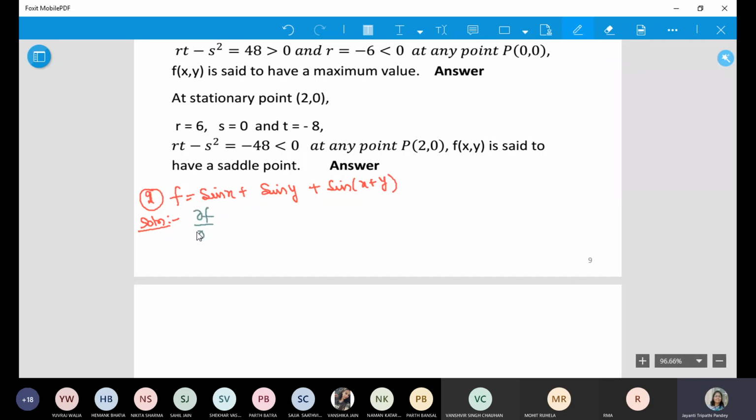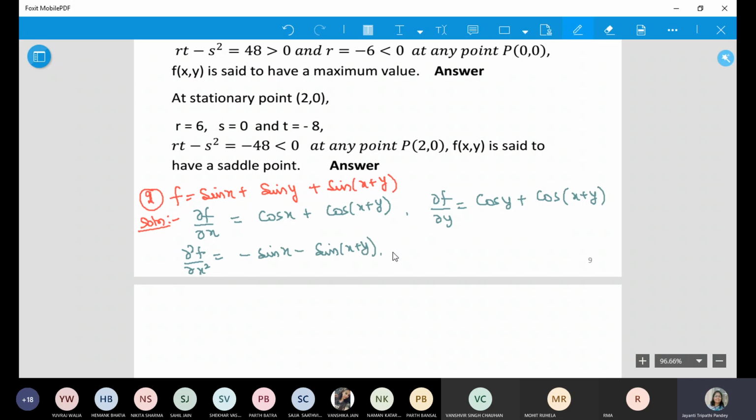Now del f by del x is cos x plus cos(x plus y). Del f by del y is cos y plus cos(x plus y). Okay. Now del 2f by del x square is minus sin x minus sin(x plus y).